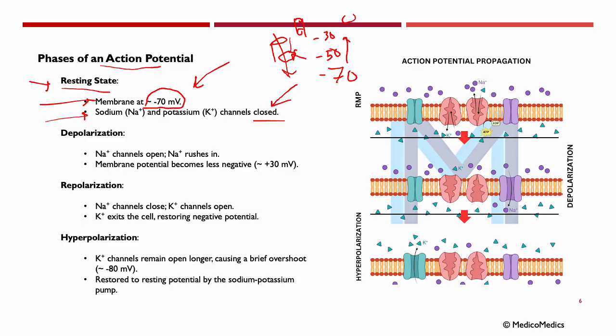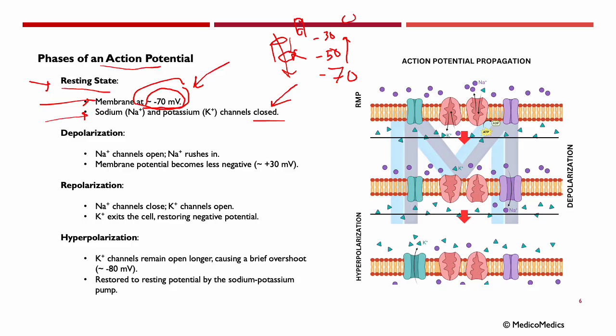Now, if we're talking about, let's say, a neuron at rest, the neuron is not stimulated. So these channels, therefore, will remain closed. And we just wait at resting membrane potential, waiting for some activity to happen. The idea is to maintain this resting membrane potential, because imagine if these channels were actually opened.